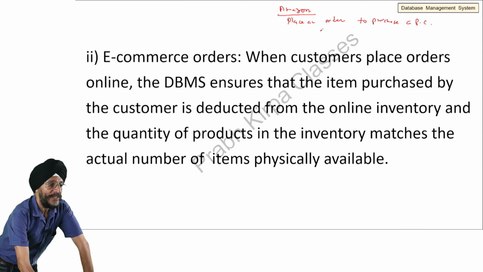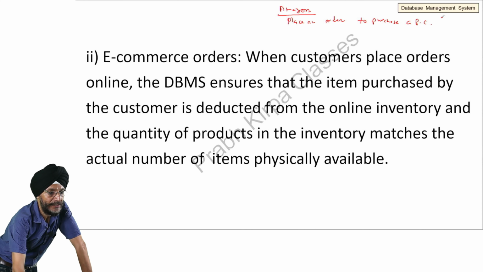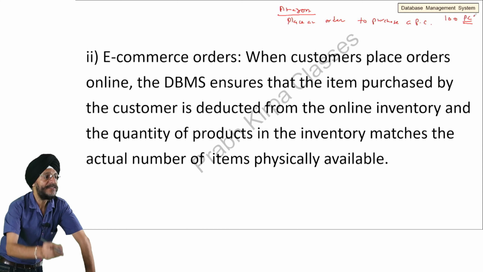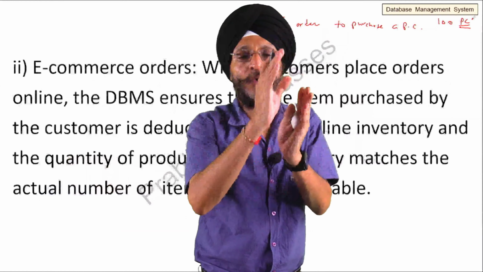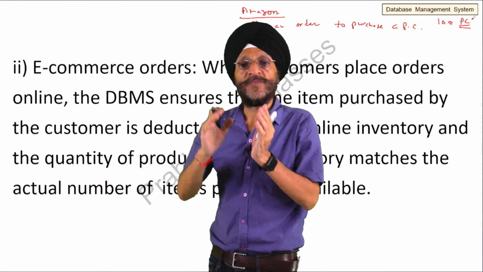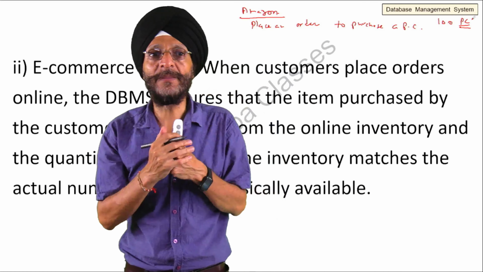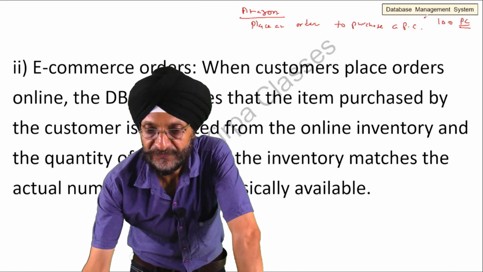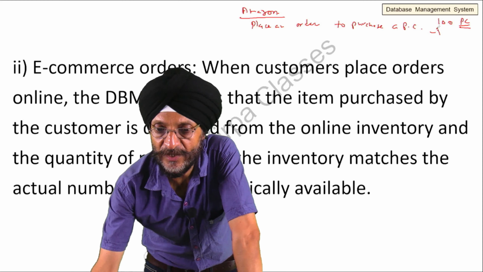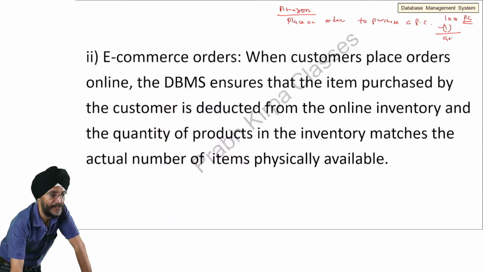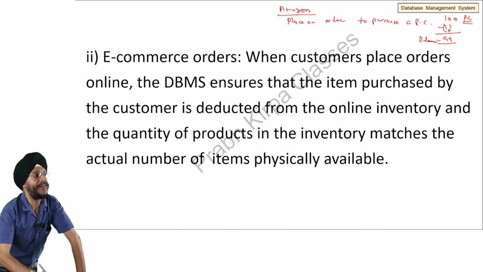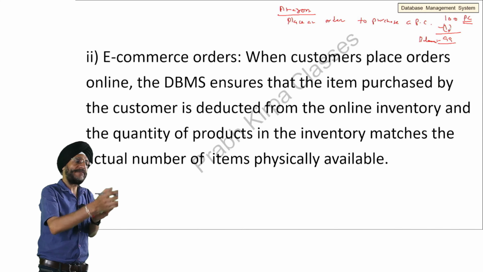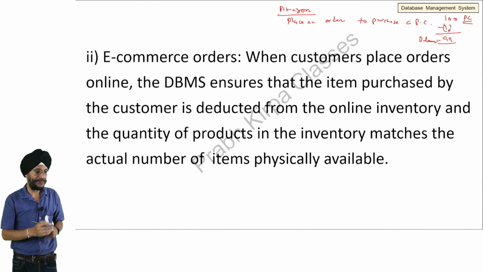Now, the DBMS system will ensure that, suppose there are 100 PCs in stock which are being shown on the Amazon site, when you have placed the order for one PC, the balance inventory on their site should be 99.